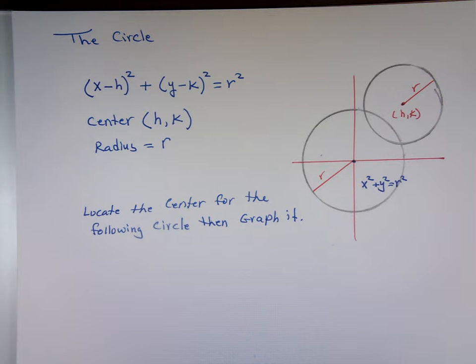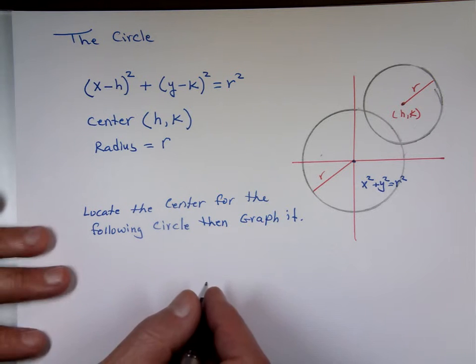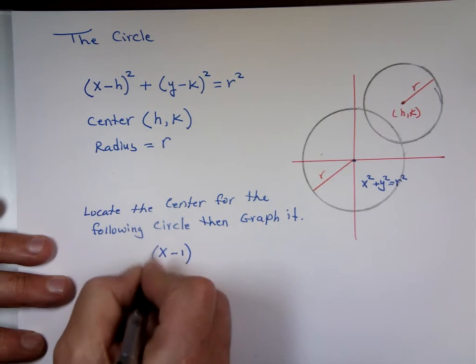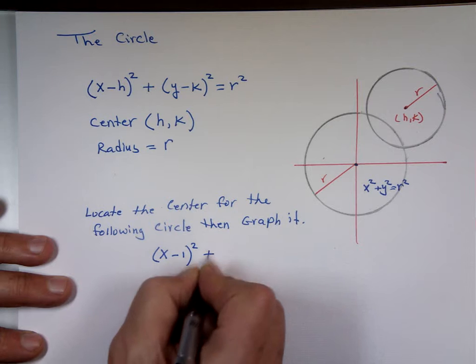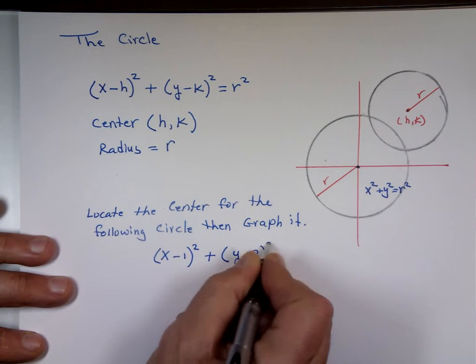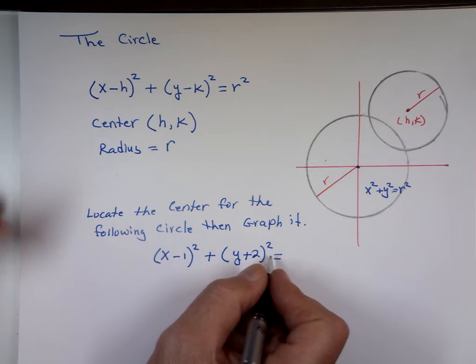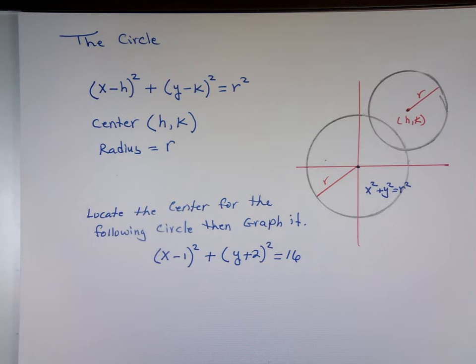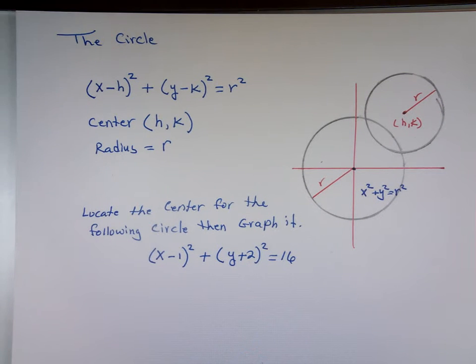Here we go. (x minus 1) squared plus (y plus 2) squared equals what? Let's use 16. Now you're just making up those numbers. Yep, right? I made something up. That's the problem I'm making.